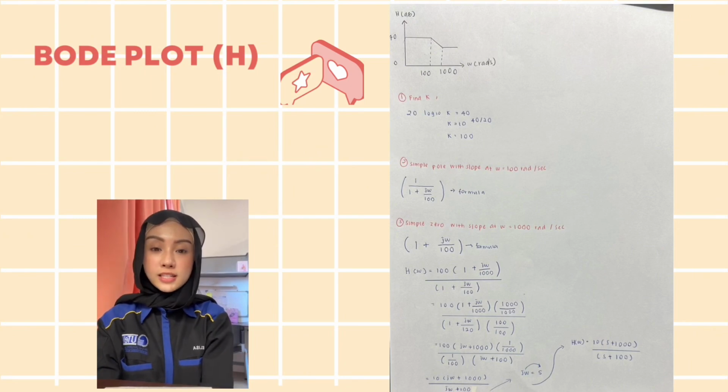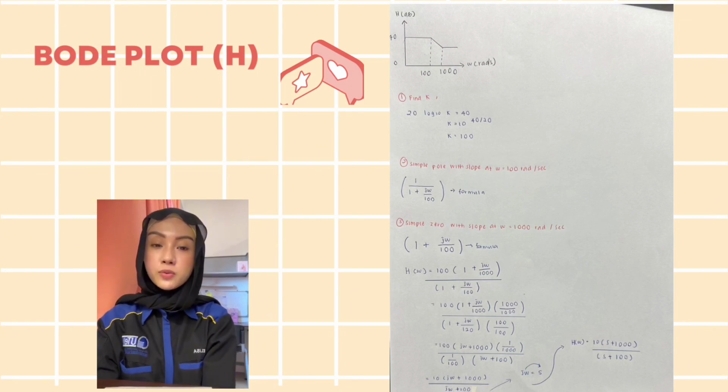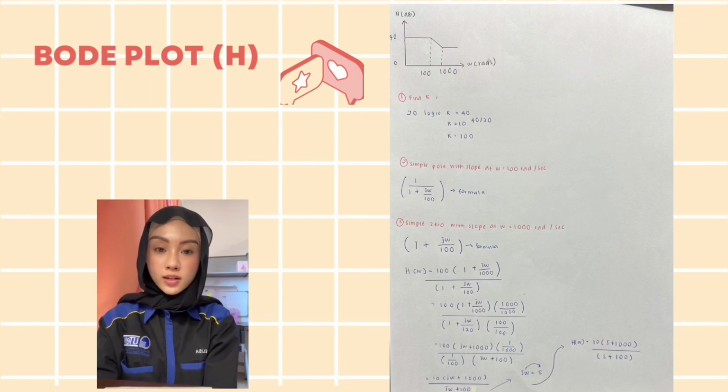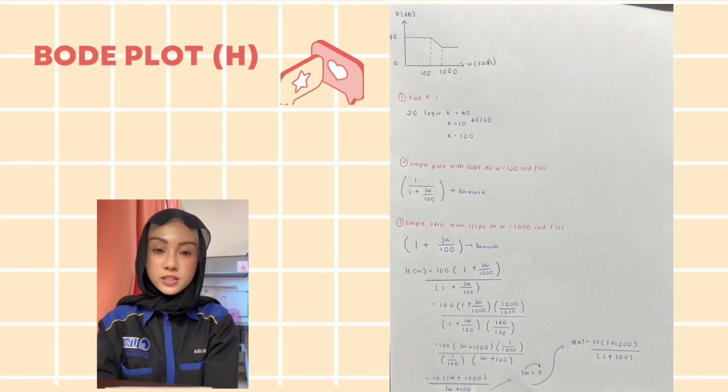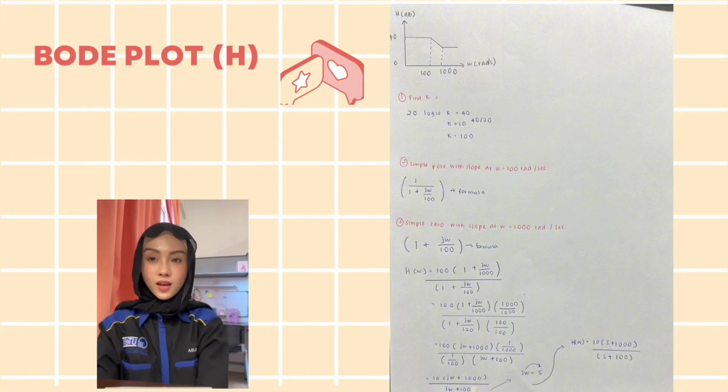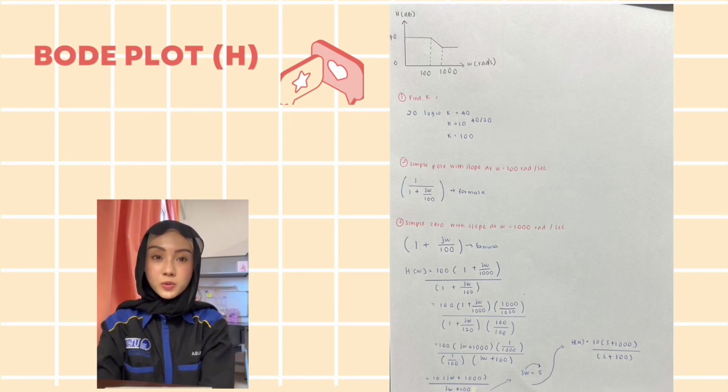Second, find the simple pole with slope at omega equal to 100 radians per second. So the formula is 1 over 1 plus j omega over 100.